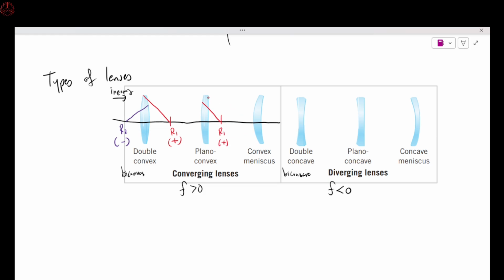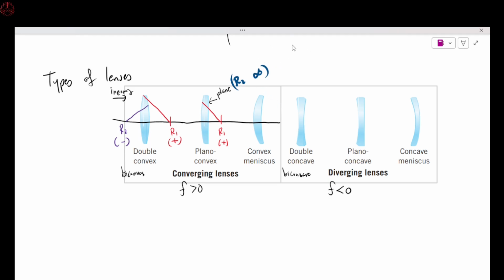However, because the next section is plane, a plane surface, what you will see is that this would actually have R2 equal to infinity. Well, approaching infinity.